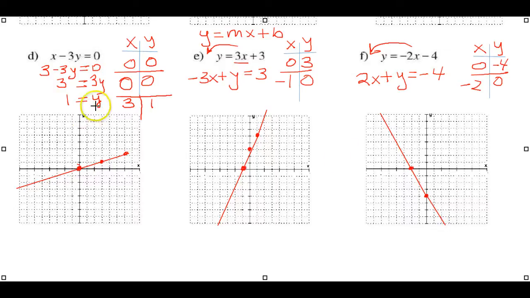Okay, so once again, if they're asking you to find and plot the intercepts, you'll want to plot where it goes through the x and y axis. And in some cases, if it goes through the origin, you'll need one other point in order to plot the graph. All right, let's go on.